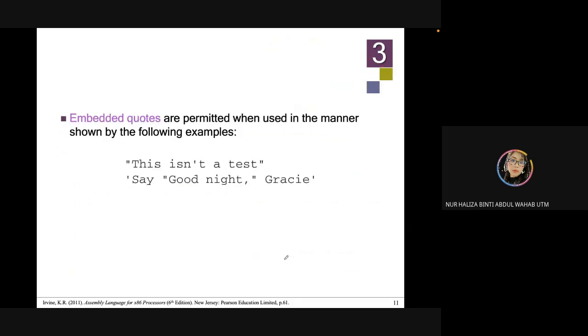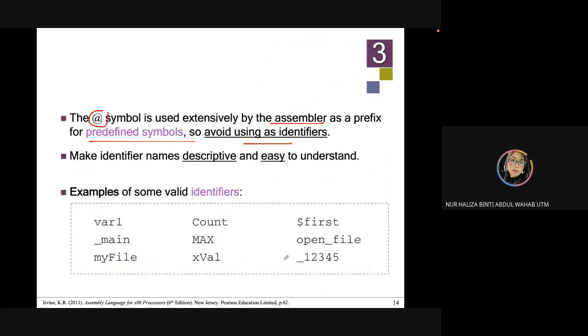So if you want to put a name, whatever name, do not put this symbol in your identifier, because it might confuse your machine. Make identifier names descriptive and easy to understand.